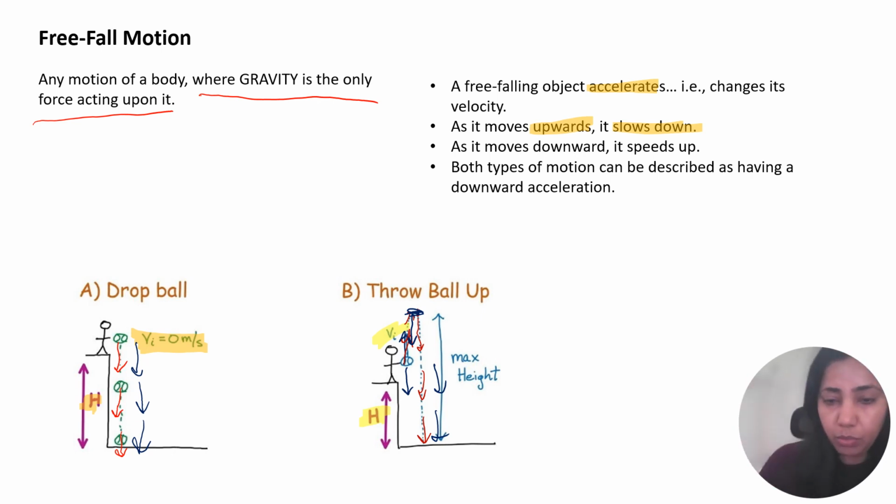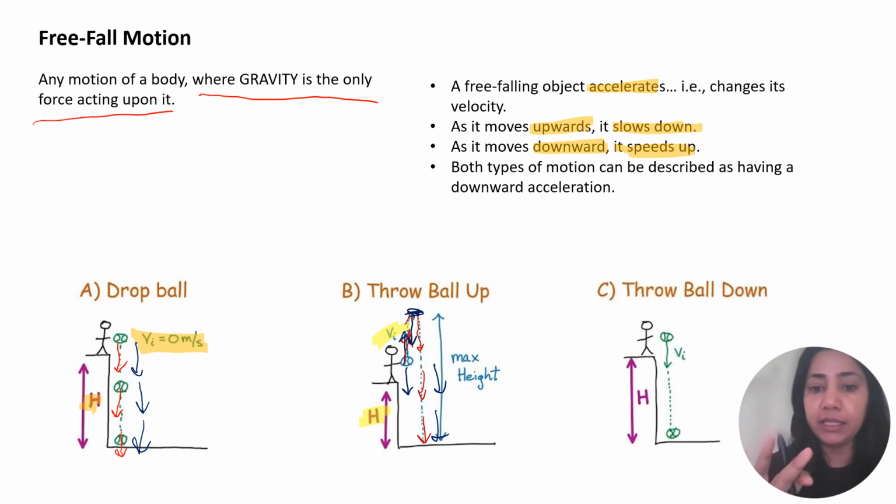But when it moves downwards, it speeds up, because now the velocity vector and the acceleration are both in the same direction. So this is the second case, and the third one is when we throw the ball down.